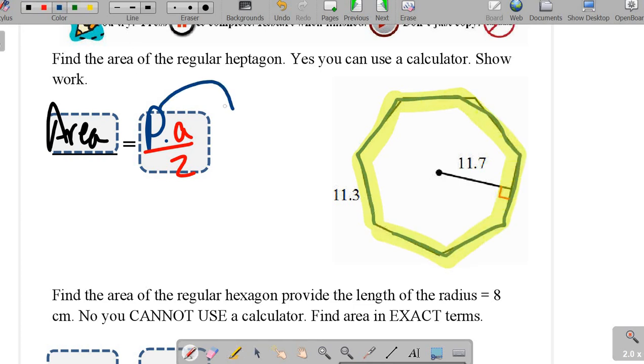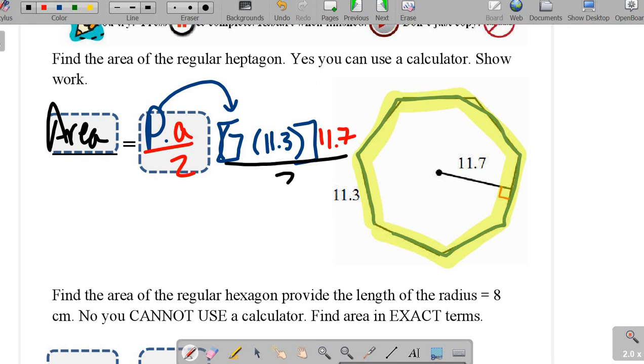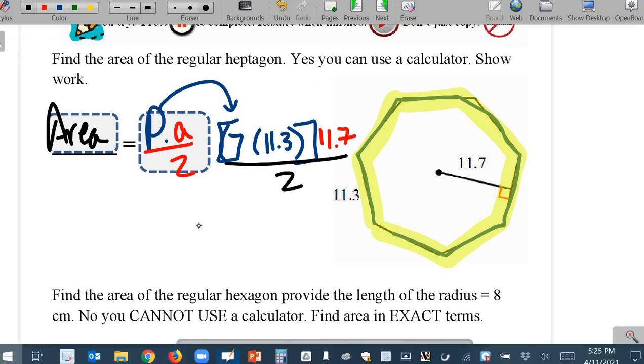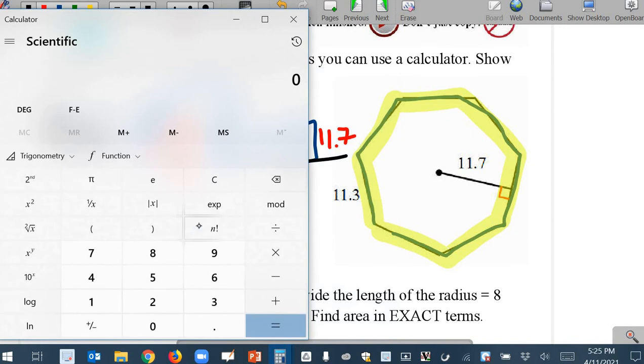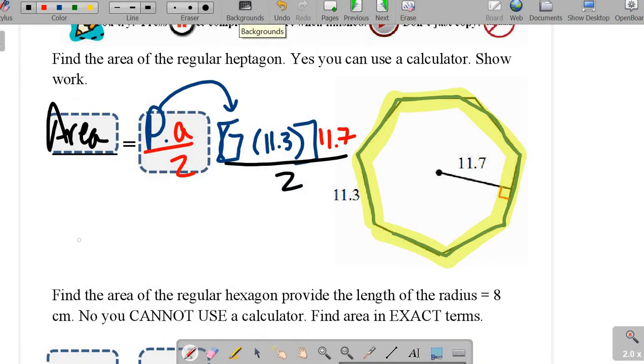So our perimeter is 7 sides times 11.3 times your apothem, which is 11.7 over 2. 11.3 times 7 equals times 11.7 equals divided by 2 equals 462.735.